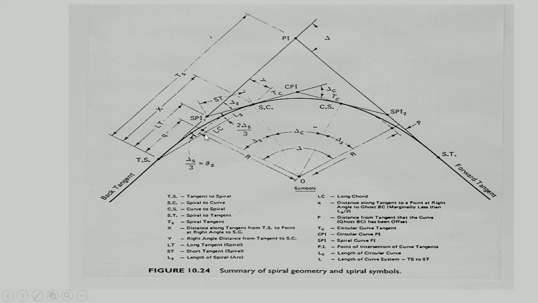So the horizontal curve road is like this one, but the transition curve is like this one, the bold line. The dotted line is the horizontal curve. So transition shifting means from the horizontal curve to the transition curve.